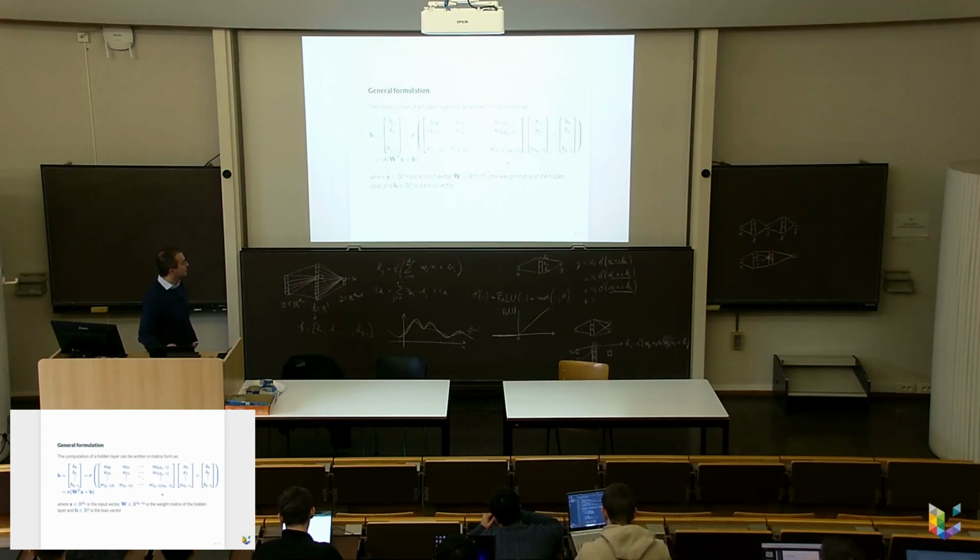So that means this can be compactly rewritten as a matrix-vector product where we do W transposed times X, a vector, plus B, a vector, where W transpose, or W, is a D times Q matrix. So D, the dimension of the input, and Q, the dimension of the output, in this case the dimension of the hidden layer. Okay? And B now is a Q-dimensional vector. Okay?